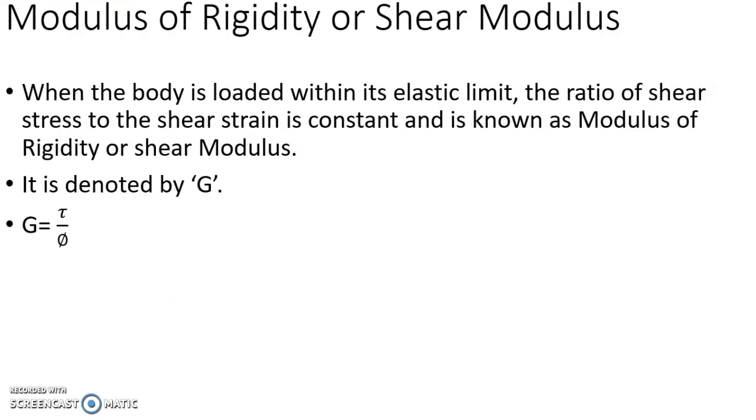Now, what is modulus of rigidity or shear modulus? When the body is loaded within its elastic limit, the ratio of shear stress to shear strain is constant, and this constant is known as modulus of rigidity or shear modulus. It is denoted by G equals tau divided by phi, where tau stands for shear stress and phi is the shear strain.